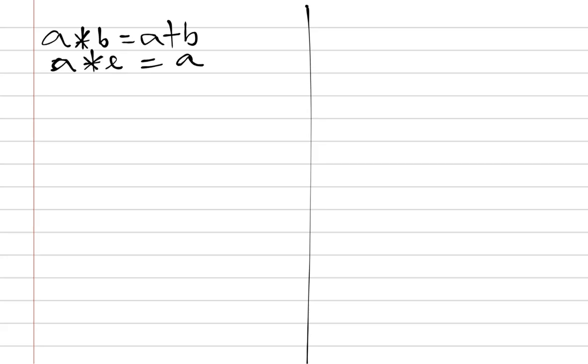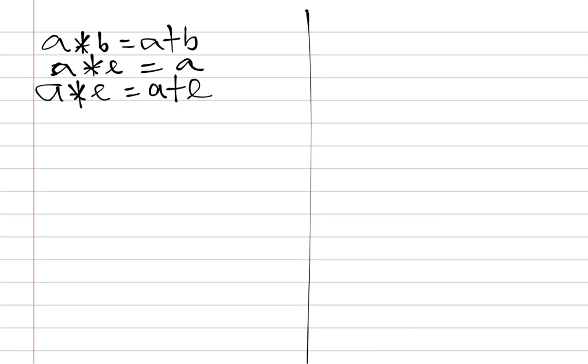So in this question, A star E will be equal to A plus E. Anywhere I see B, I'm just putting E. So that means I will now say A plus E is equal to A, using the formula.